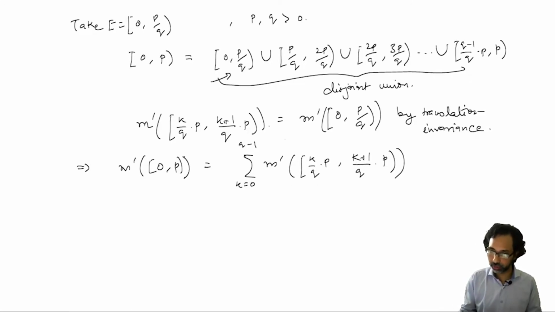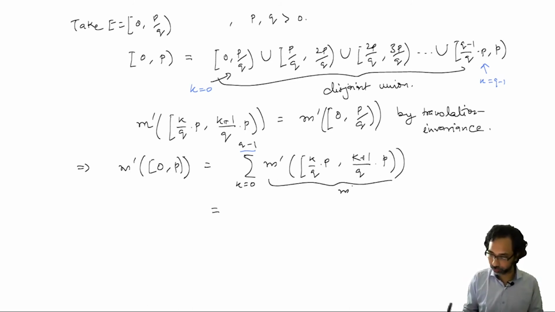When k equal to 0, you will get 0 to p by q, and at the end when k equal to q minus 1, you will get this interval, which is q minus 1 over q times p to p. Now each of these is equal to m prime of 0 to p by q. So therefore, since you have q as many terms, you will have q times m prime of 0 to p by q.